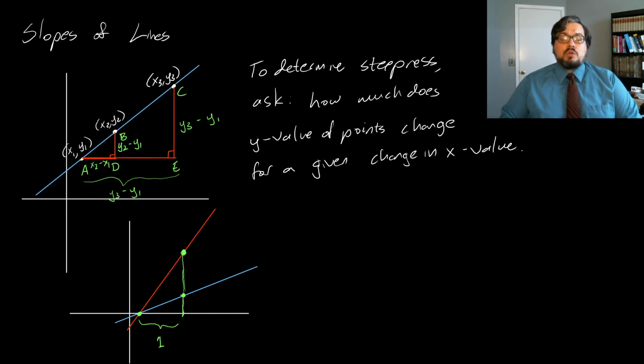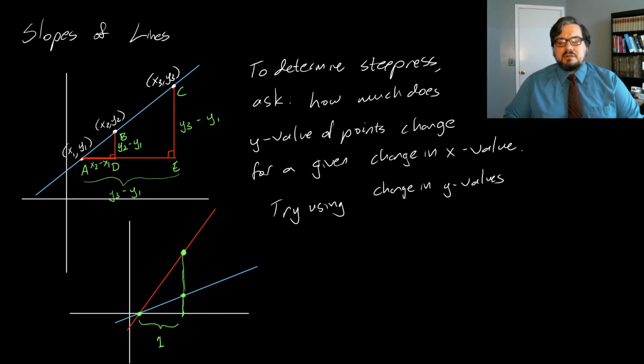Now, in order to make that make sense, I want to look at this example over here with the triangles and see what happens. Let's try using the change in the y values divided by the change in the x values.